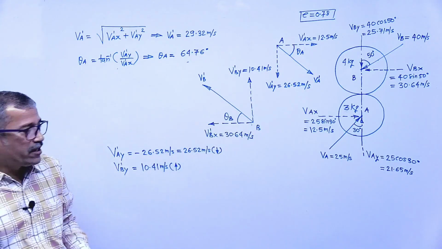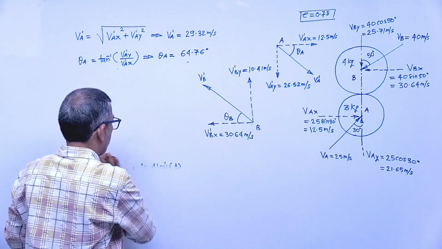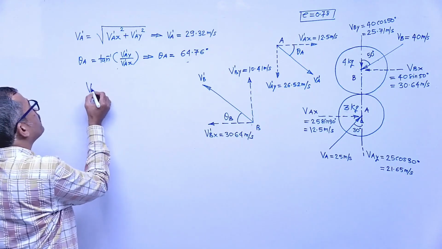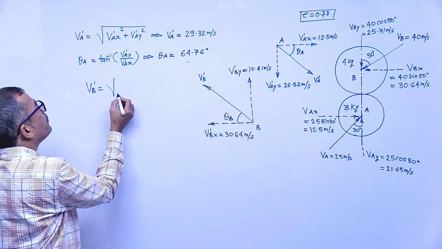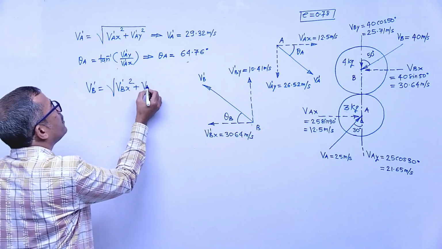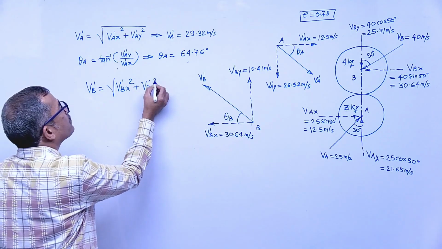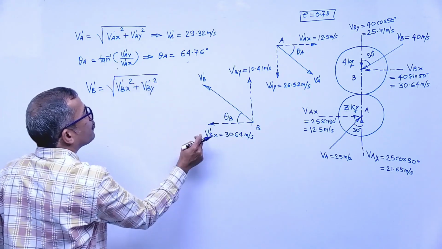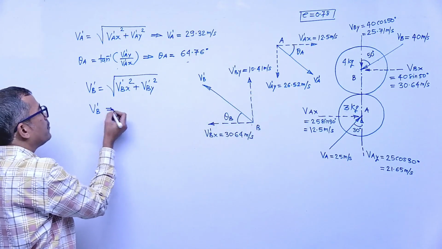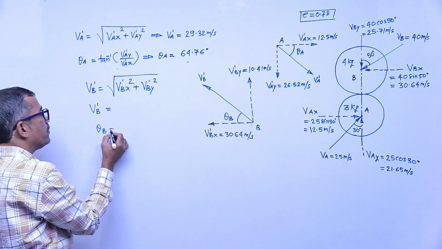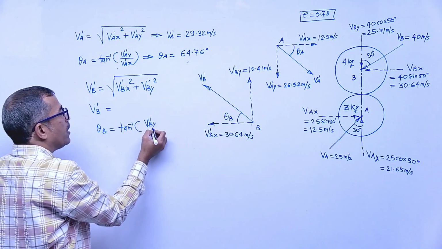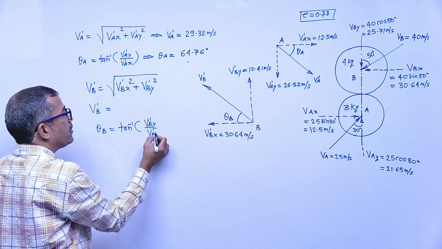All understood? Yes. Now apply Pythagoras theorem and we'll find VB dash. VB dash equal to root of VB dash x square plus VB dash y square. Substitute the values, both are written here. So you'll get the VB dash answer, and theta B is tan inverse of VB dash y upon VB dash x.